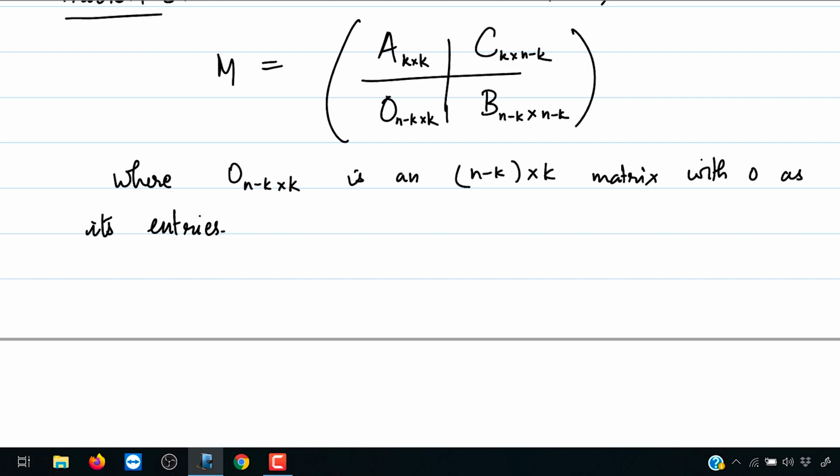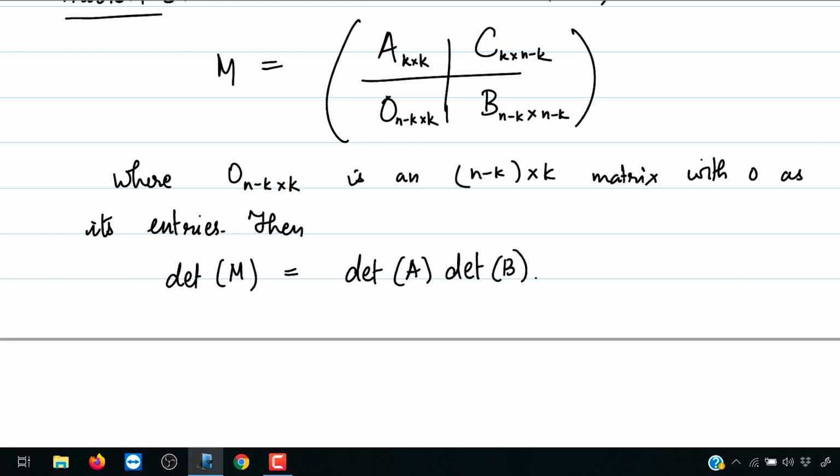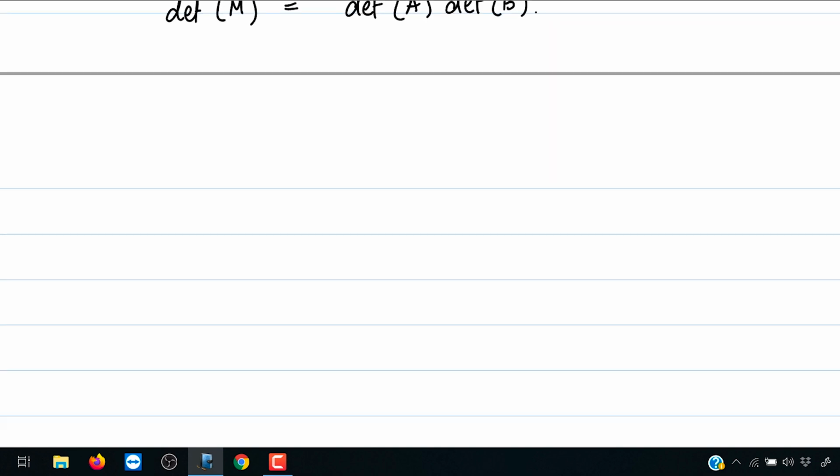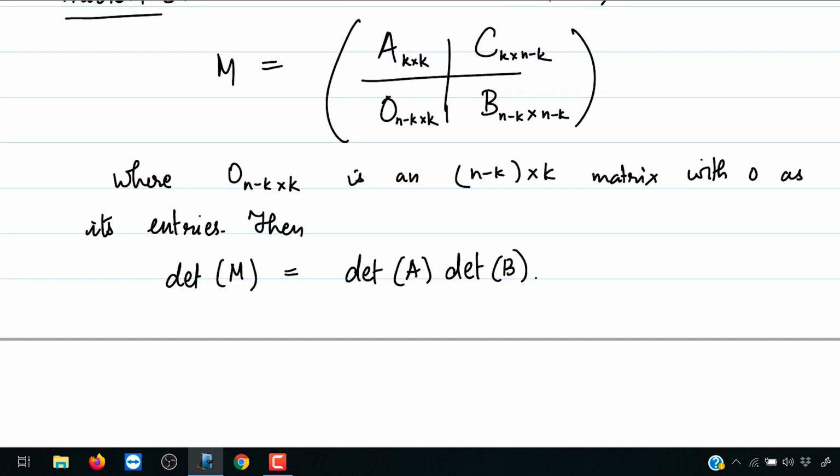Okay, so then what is the problem? The problem is to establish that then determinant of M is equal to determinant of A times the determinant of B. So we have used this problem crucially in some of the theory that we have developed. So let's give a proof of this.